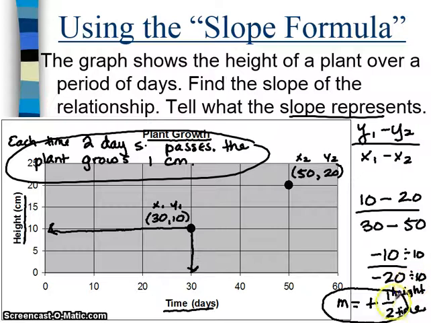Always understanding that it's the change in the dependent variable, the y's, that's on the y-axis, so 1 represents height, over the change in x, which is on the x-axis, so 2 is representing time in days.